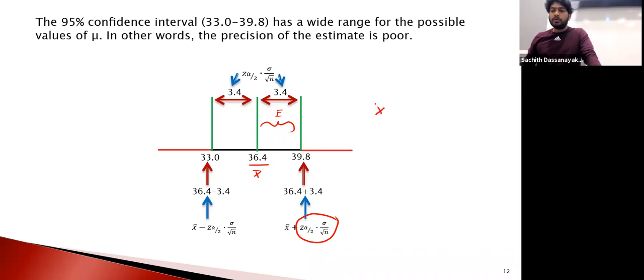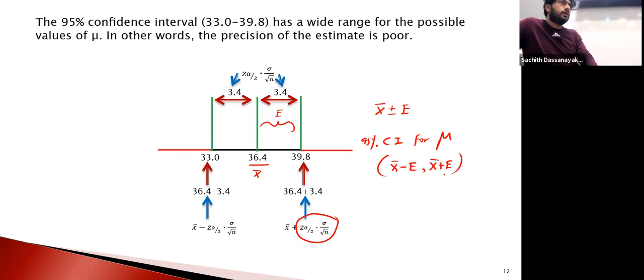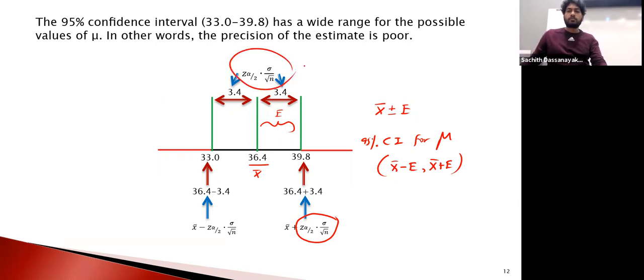So simply, I told you, X bar plus or minus error. For example, confidence interval, let's say 95% confidence interval for mu, I can write it as X bar minus E, X bar plus E, like this. What is E? This part. Okay, clear?